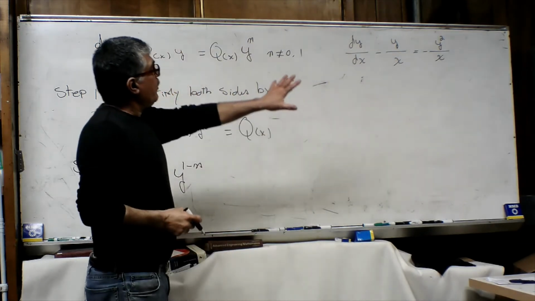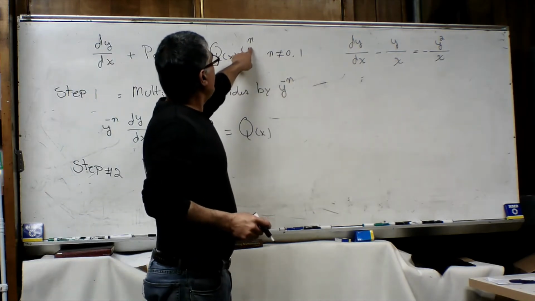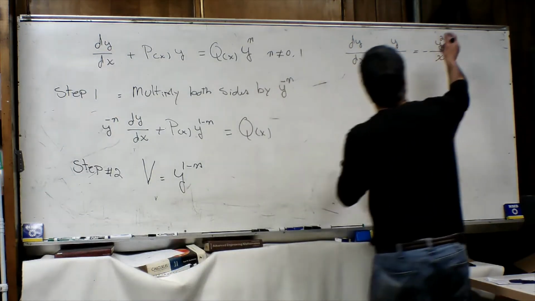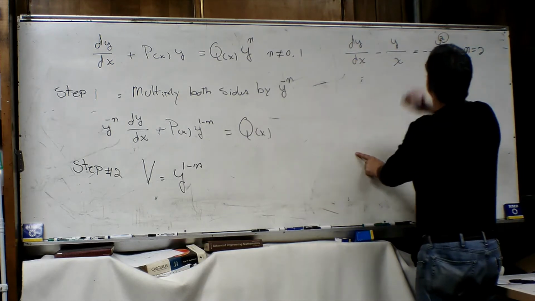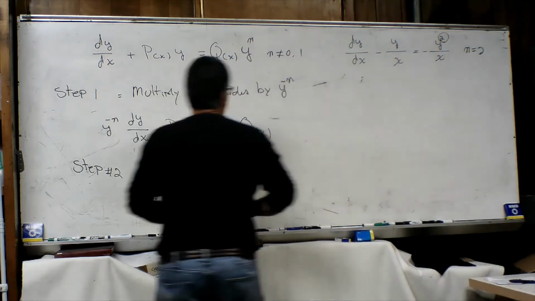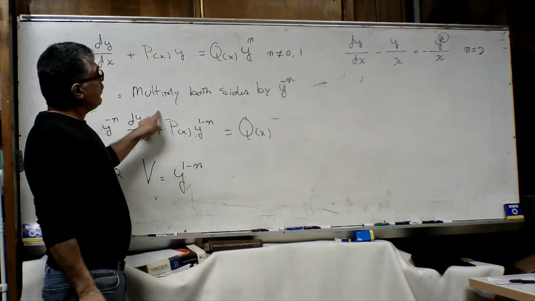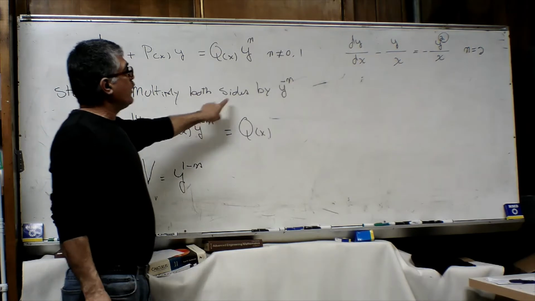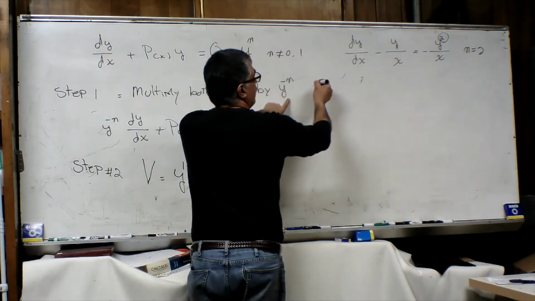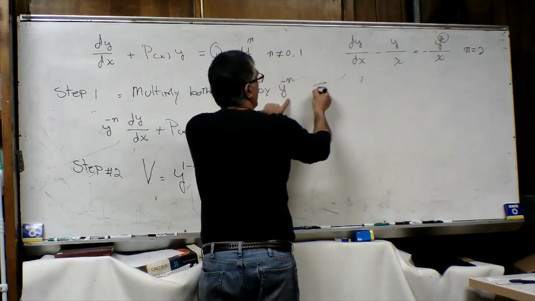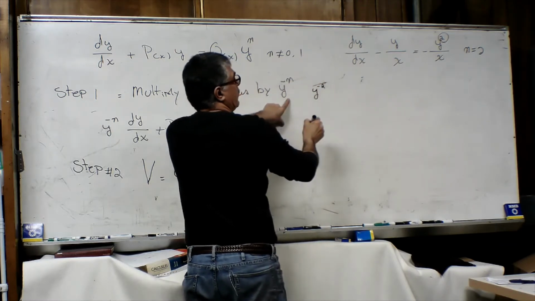If we compare that equation with this form, our n in this case is equal to 2. So the first step is to multiply both sides of equation by y to power minus n, which is y to power minus 2.